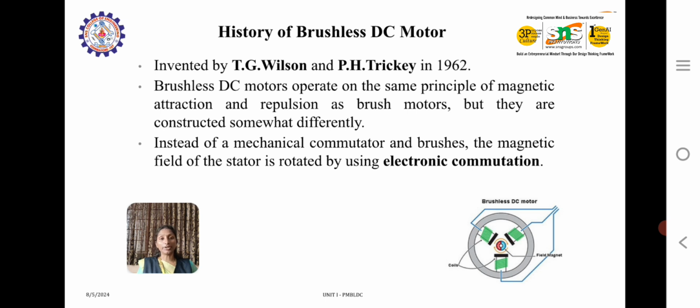As already said, the difference is mechanical commutation versus electronic commutation. Instead of a mechanical commutator and brushes, the magnetic field of the stator is rotated by electronic commutation. This is the main difference between brushed and brushless DC motors.